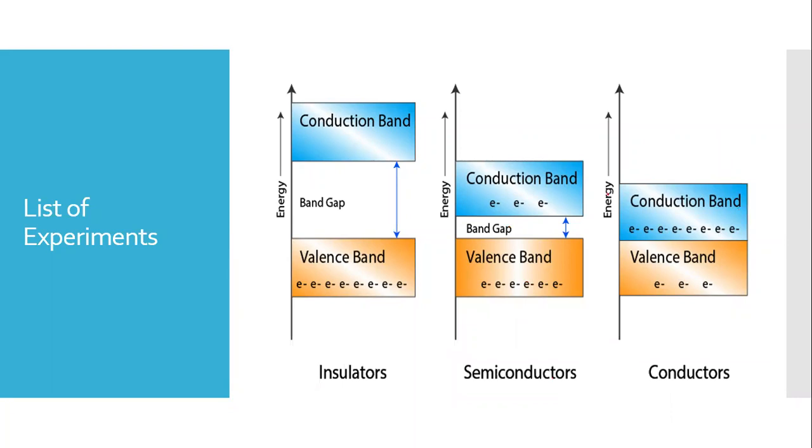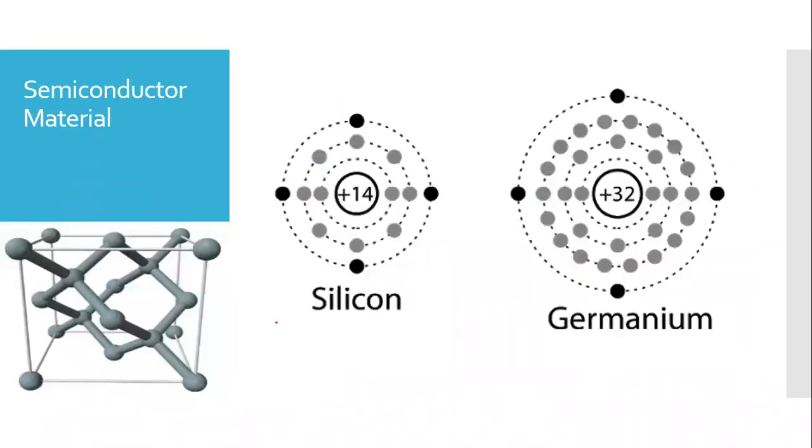So we have to discuss about these semiconductors. Most commonly we are going to use silicon and germanium. What are the characteristics? In case of semiconductor material, you can see in the outer orbit we have 4 valence electrons. Similarly, in case of germanium also, in the outer orbit we have 4 valence electrons.